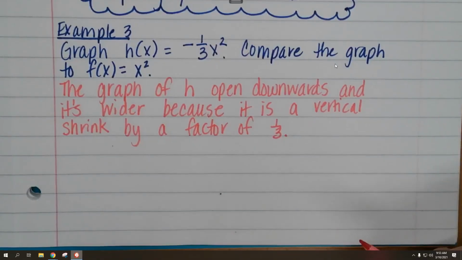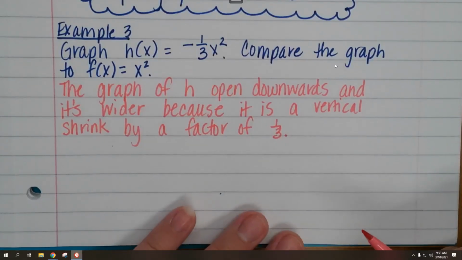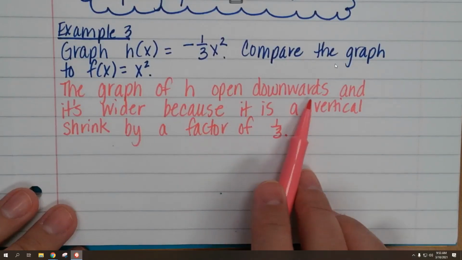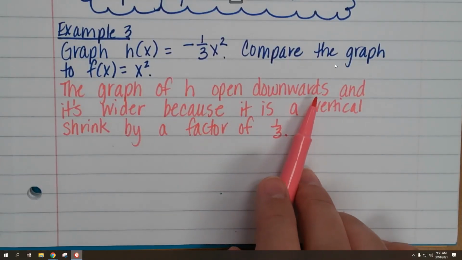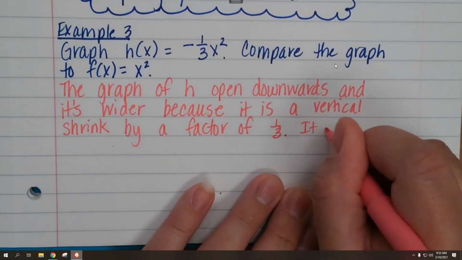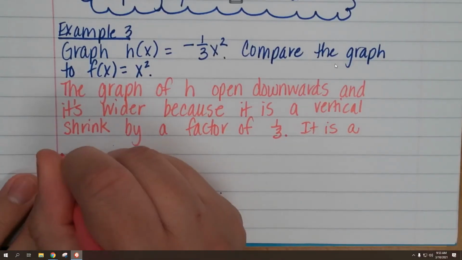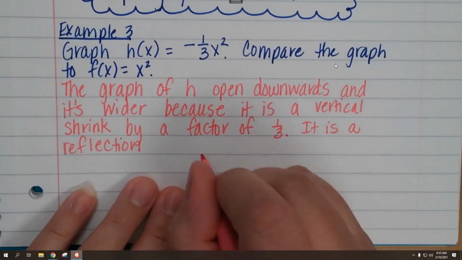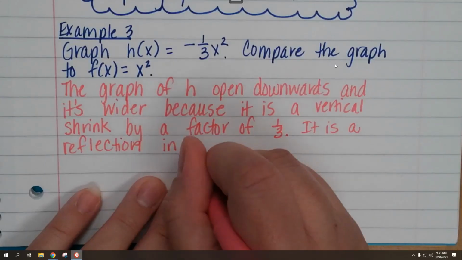And then the other thing you have to mention is, remember this negative right here in the front? Not only did it open downwards, but you have to explain why did it open downwards, and we're going to say it is a reflection in the x-axis.